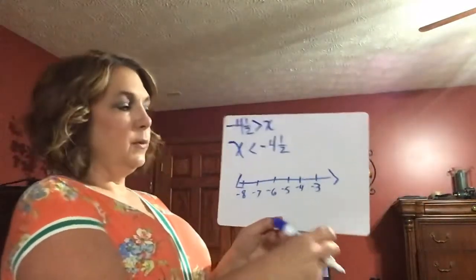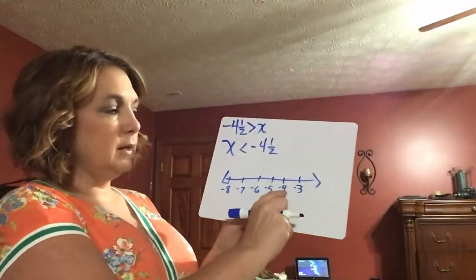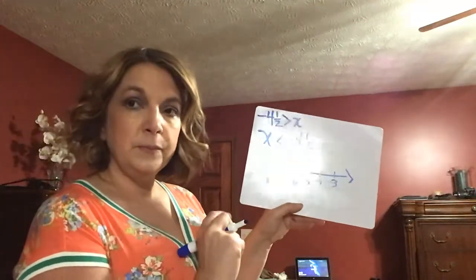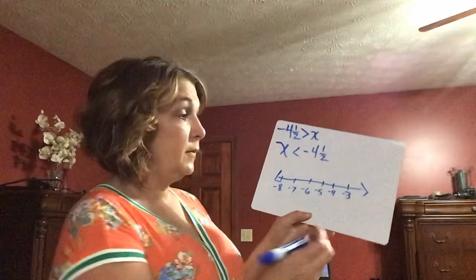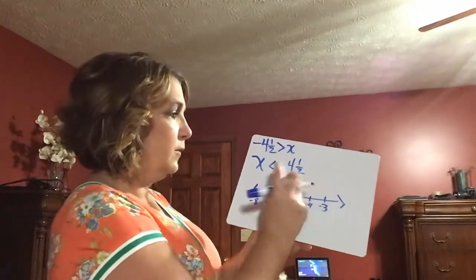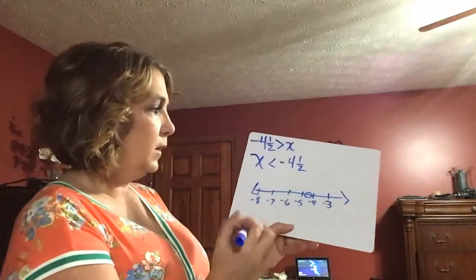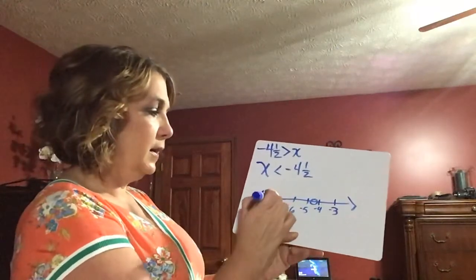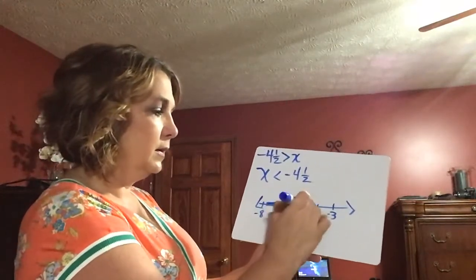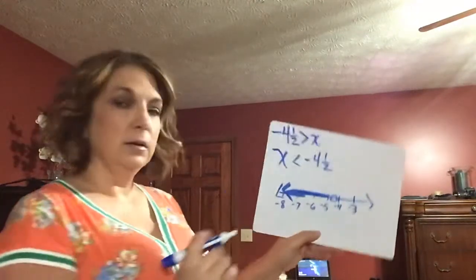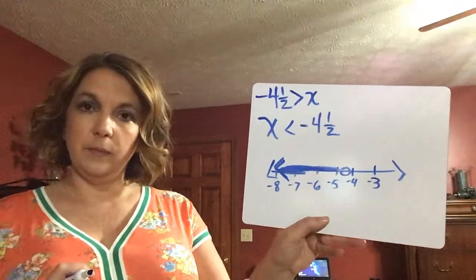Will negative 4.5 be between 3 and 4 or between 4 and 5? It's going to be between 4 and 5. So this is negative 4.5. There's no line, so it's an open circle here. It's less than, so my line is coming to the left. And that's how that one would look.